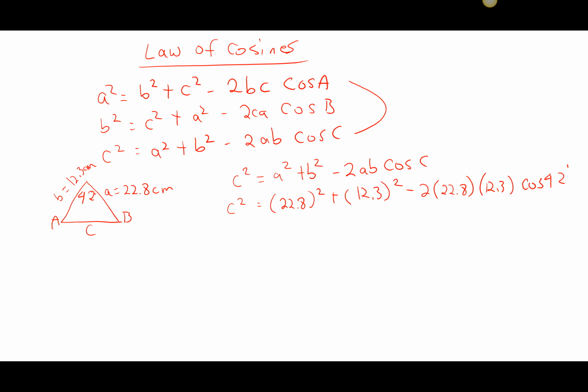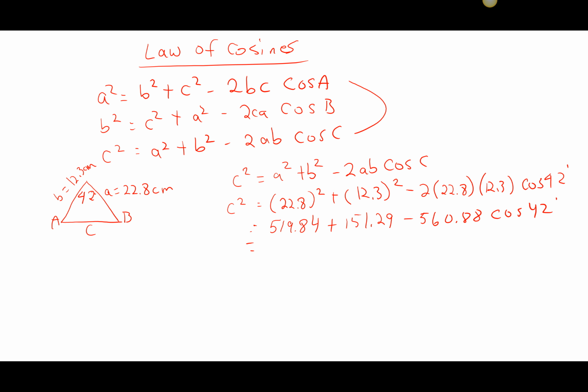Okay, so 22.8 squared is 519.84 plus 12.3 squared is 151.29 minus 2 times 22.8 times 12.3 is 560.88, and then cosine 42 degrees. Just trying to simplify it, okay?